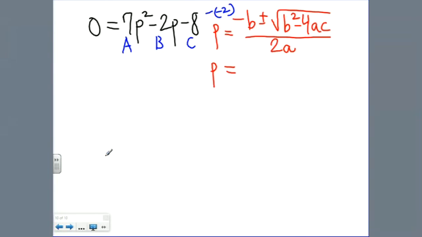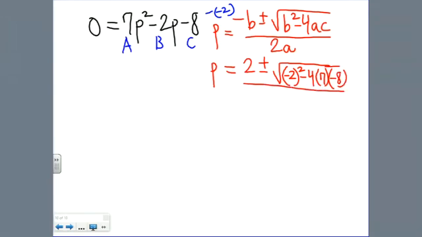So that makes it a positive 2 in front, plus or minus the square root of, in parentheses, negative 2 squared minus 4 times a, or 4 times 7, times c, which is negative 8, and that's all over 2 times a, or 2 times 7.